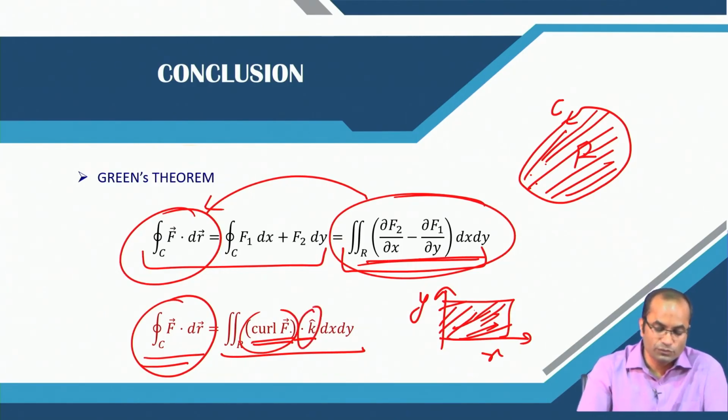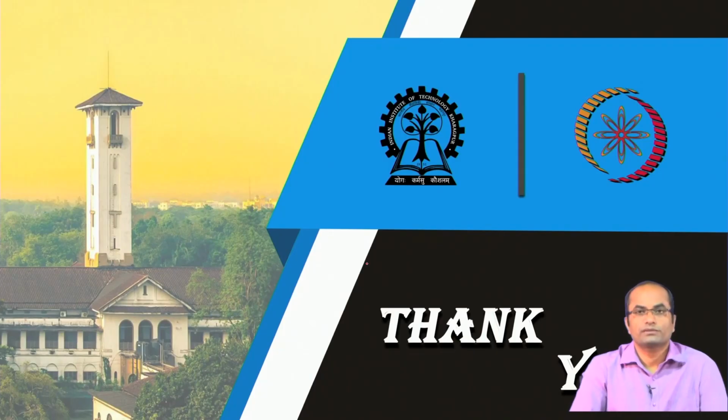If we do this dot product with the perpendicular to this plane, then we get exactly the integrand of this area integral. Okay, so that is all for this lecture, and thank you very much for your attention.